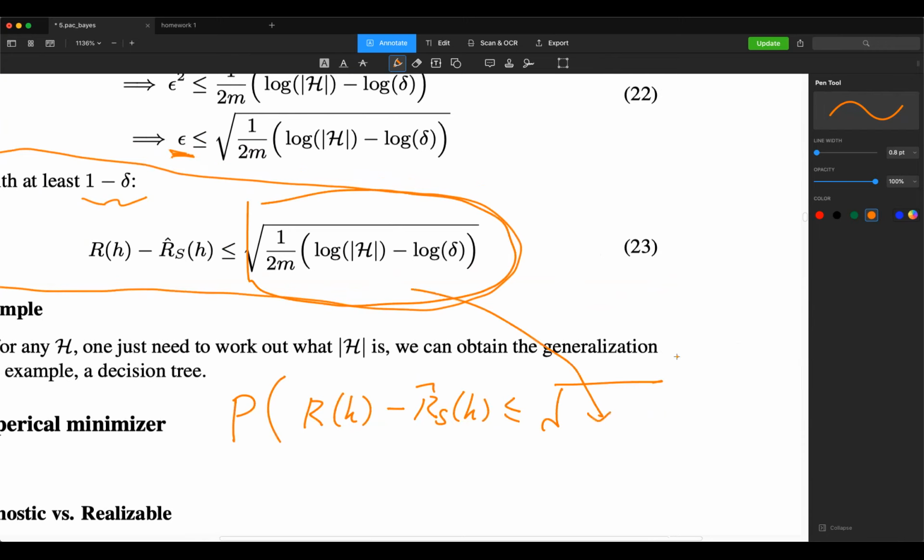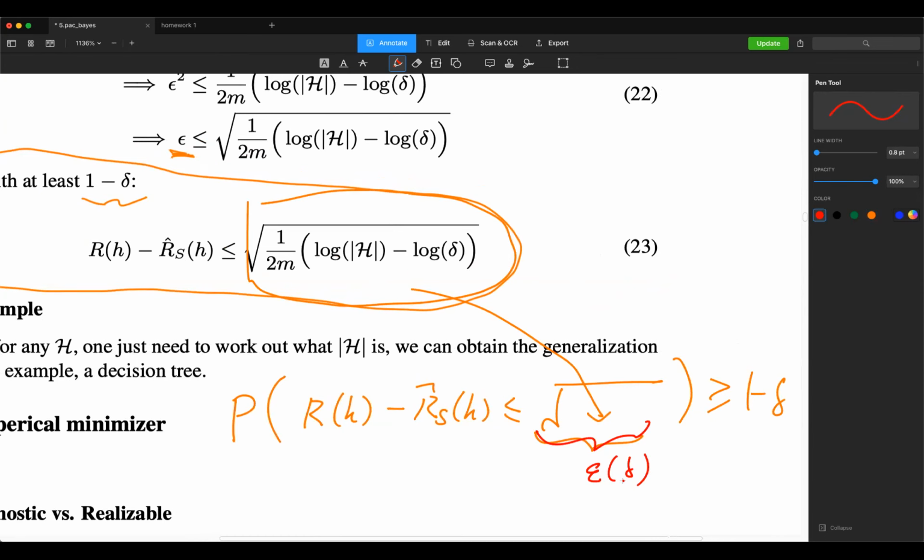This guy here is going to be greater than 1 minus delta, right? And as you can see, this bit here is epsilon as a function of delta. Is that clear?